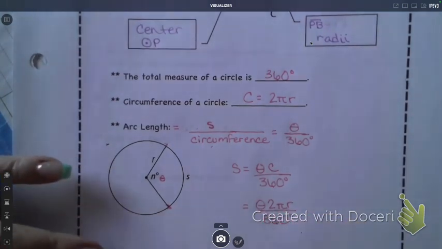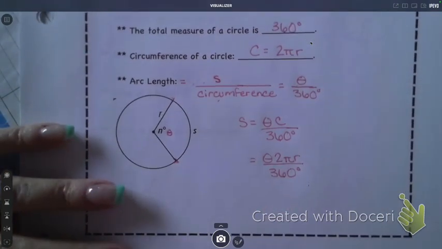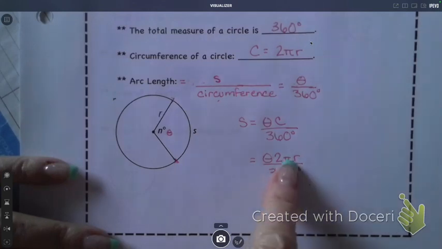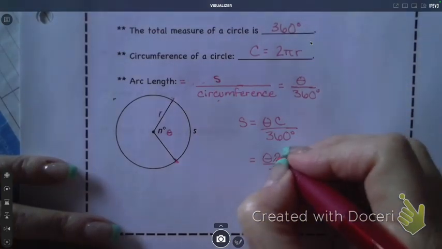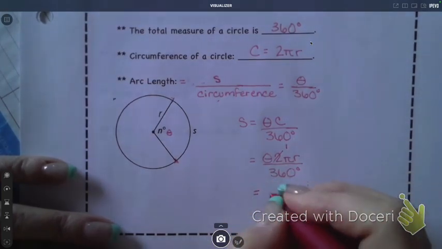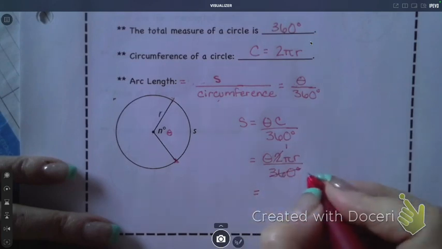360 degrees. Can I reduce that at all? The 2 goes into 360, doesn't it? So 2 goes, that's a 1, right? And half of 360 is? It's not 130, it would be 180.